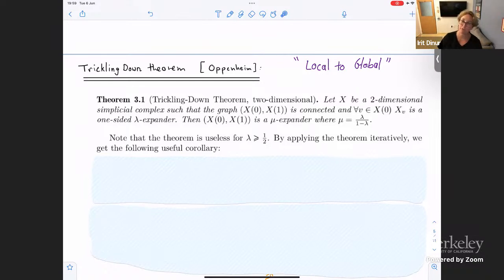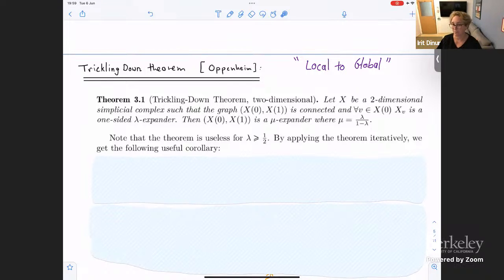But you do know that for every vertex, the link of this vertex is actually a good lambda expander. Okay, so you know that the graph is connected, and you know that the links are good expanders. The conclusion is that the entire graph is a good expander, and how good? It's lambda divided by 1 minus lambda. So if lambda is very small, goes to 0, then mu is almost as small as lambda, very small as well. If lambda is half or above, you don't get anything here.